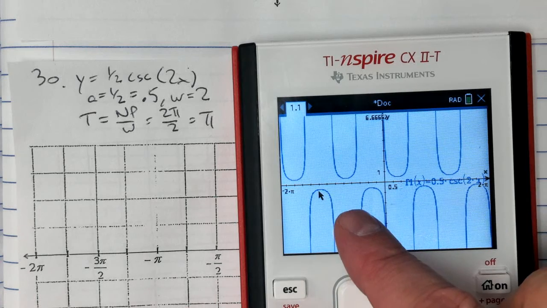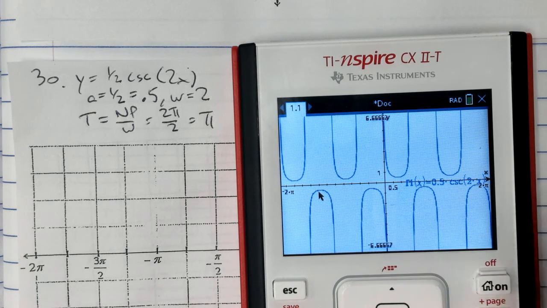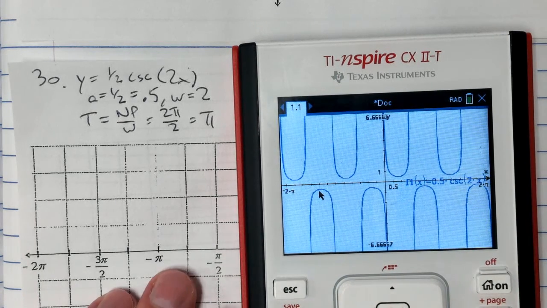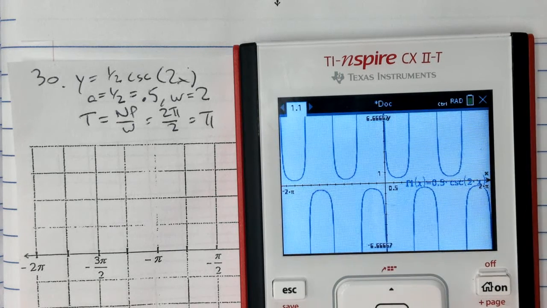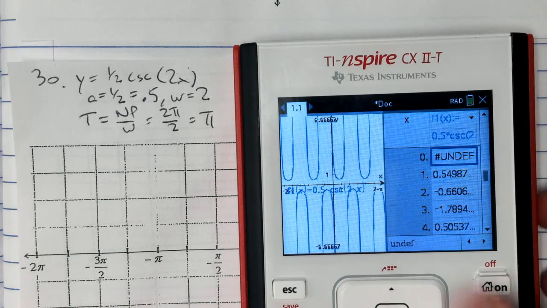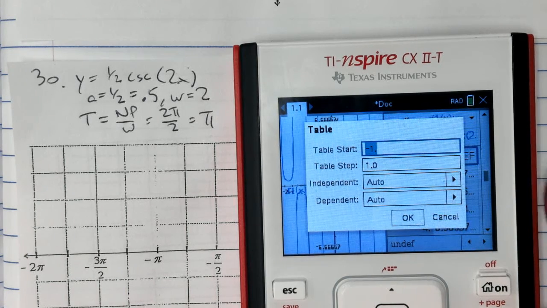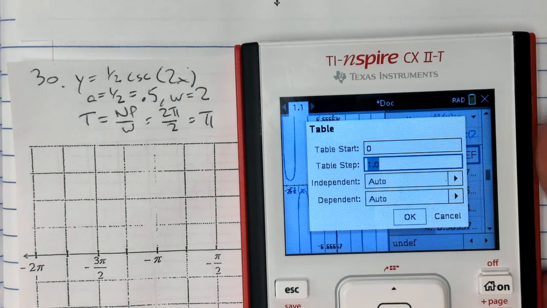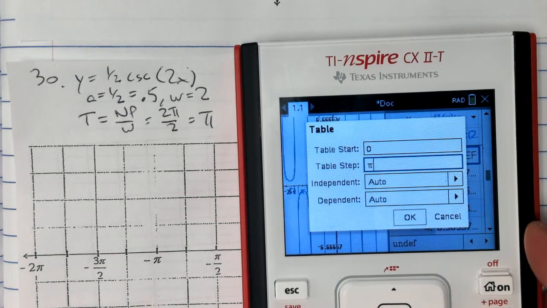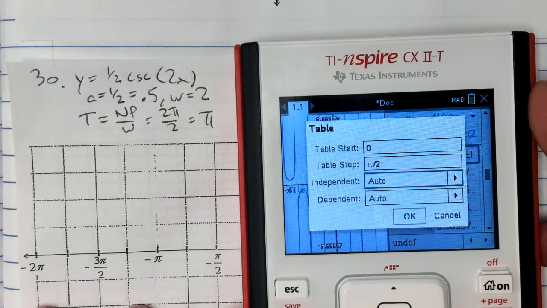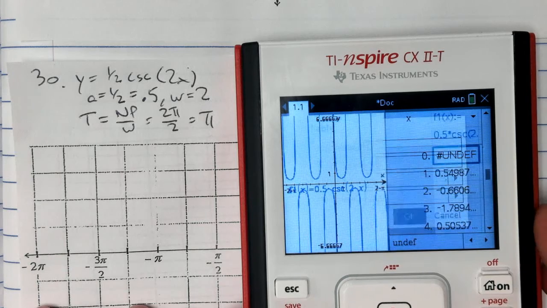So this is going from negative pi halves to pi halves. Remember, if you want to use your table, do Control T and change your settings. Start it at 0 and then step by pi halves, or if you want to change it to ASC, you can.